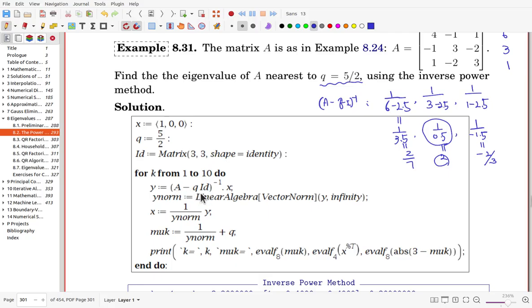So each time the inverse is found and then multiplied. Now measure the L infinite norm, the length, and scale. By using the formula, we get mu_k, which is the eigenvalue of the original matrix A. It's around 3, so we measure the error from 3.